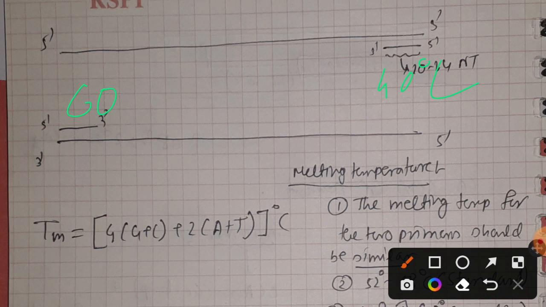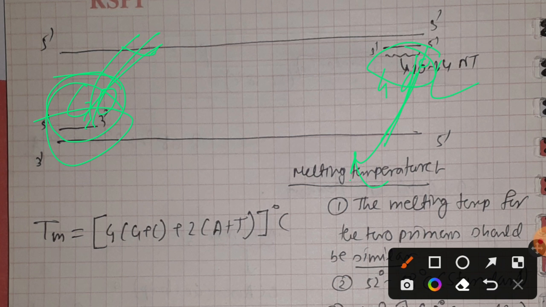That means what? That means at 60° centigrade this primer will anneal, and at 40° centigrade this primer will anneal. That simply means that we have to set two different temperatures for dissociation of the two primers, or to say it the opposite way, for annealing of the primers, right?